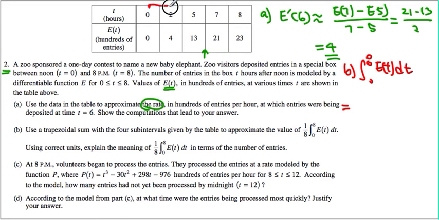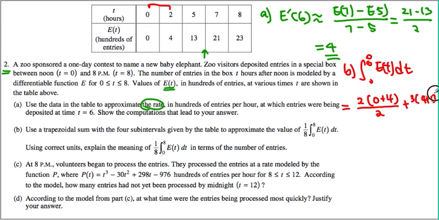The first trapezoid is between these two, so the height is 2, and the first base and second base are these two values. So we get 2 times (0 plus 4) divided by 2. That's the first trapezoid.